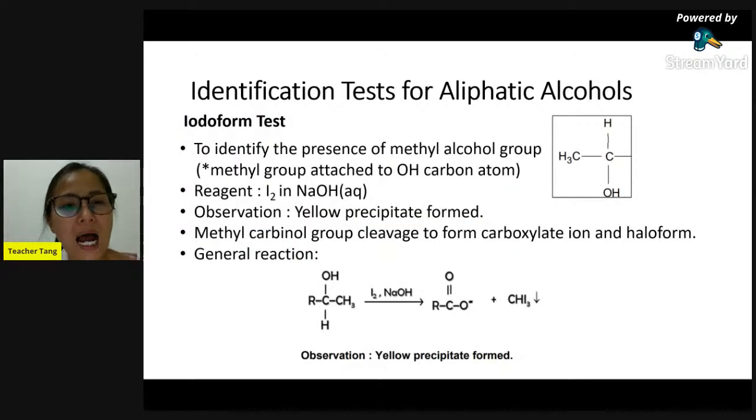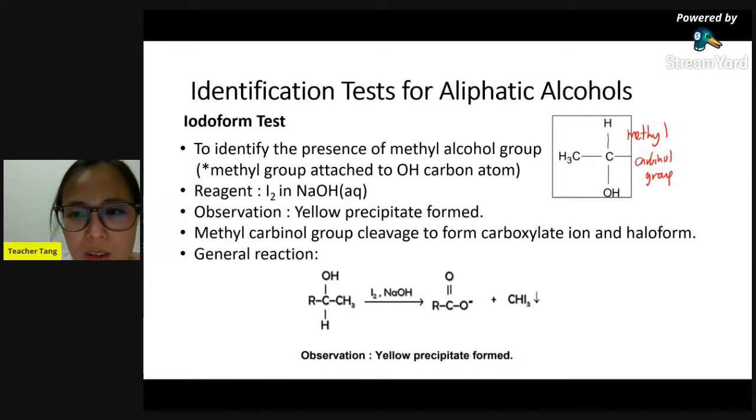For the iodoform test, we want to detect the presence of the methyl carbinol group. So this is the methyl carbinol group.